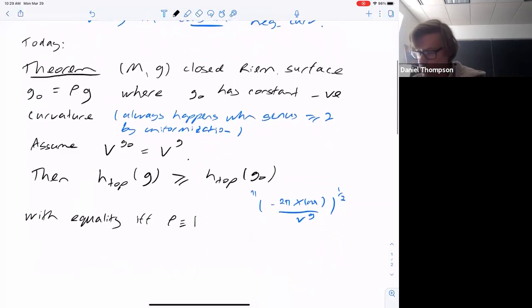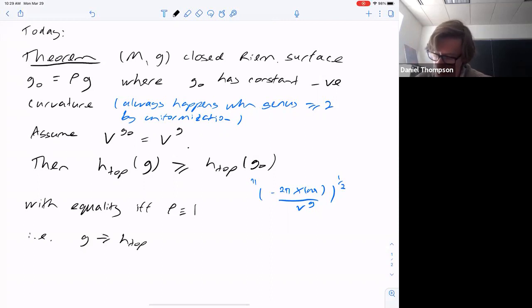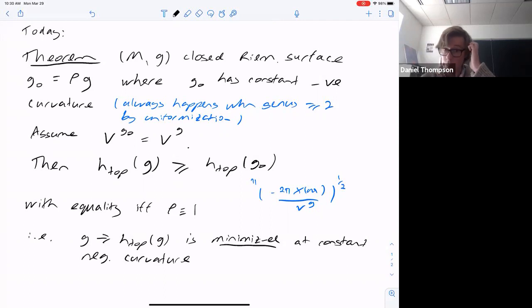So yeah, this is kind of amazing. So i.e., the topological entropy of G is minimized at constant negative curvature. Okay. So that's what we'll prove.